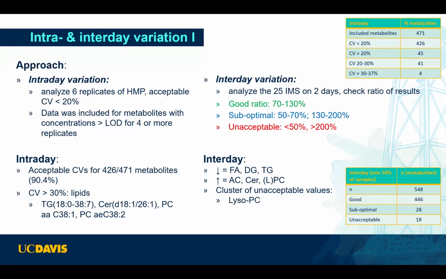There was a cluster around the unacceptable values. A lot of the lyso PCs were not in an acceptable range, not even suboptimal. So it's good to see how your metabolites behave over time, so you can make informed decisions about what you can use and what you cannot use very well.